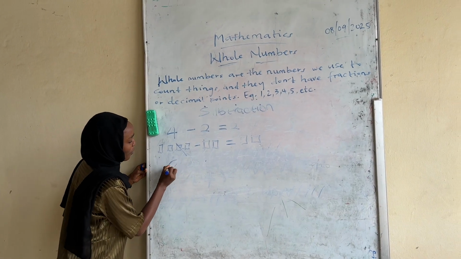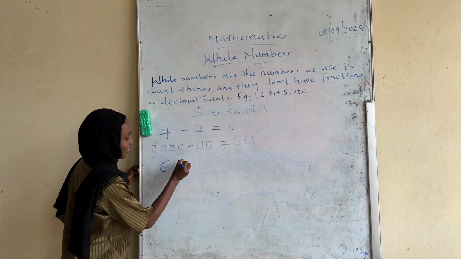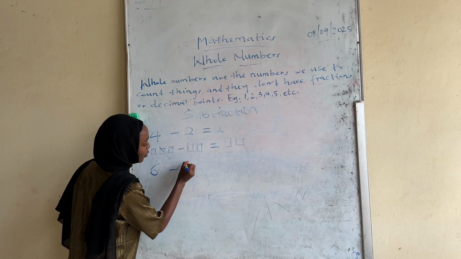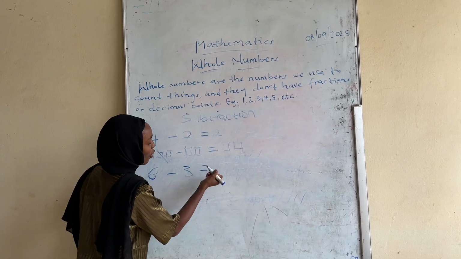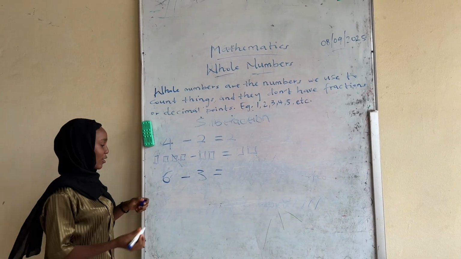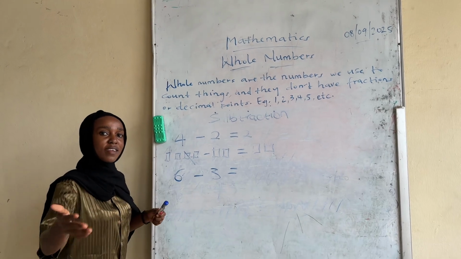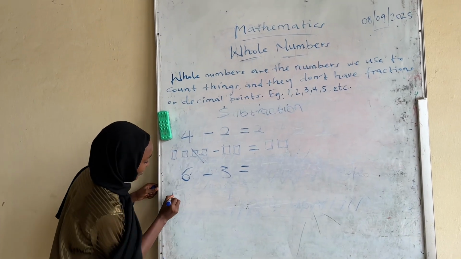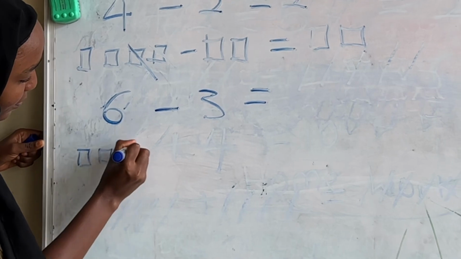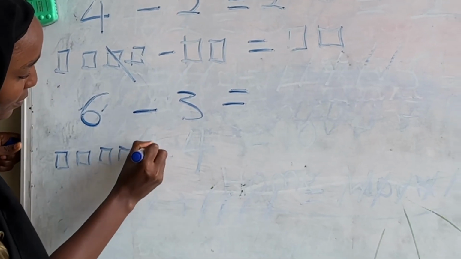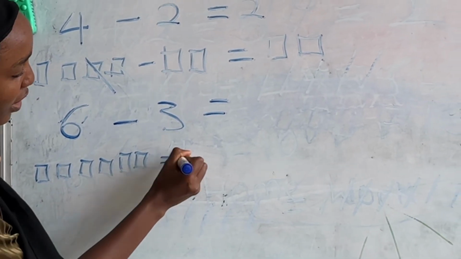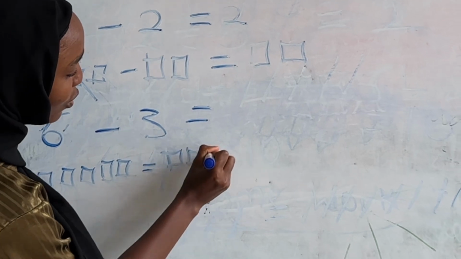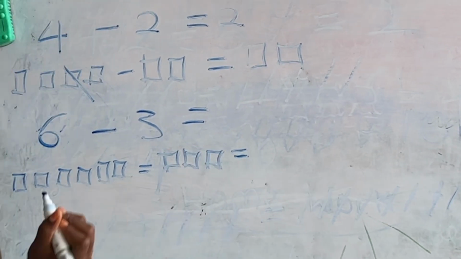Let's take another example. So your mom has 6 boxes and then she gave you 3 boxes to go to school with. So let's count how many your mom has left at home. So you have 6 boxes and she gave you 3 boxes to go to school with. How many do you have left?